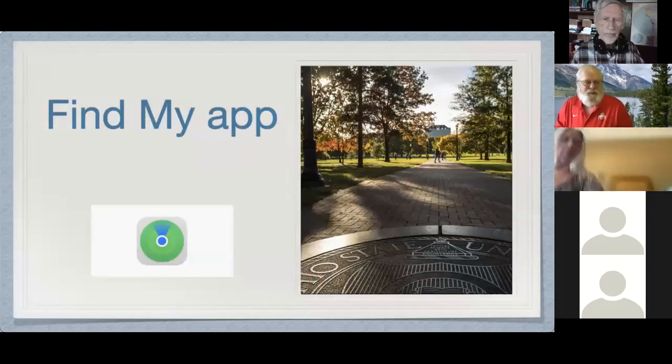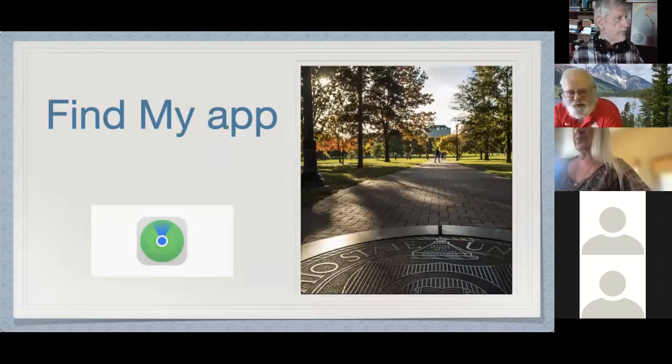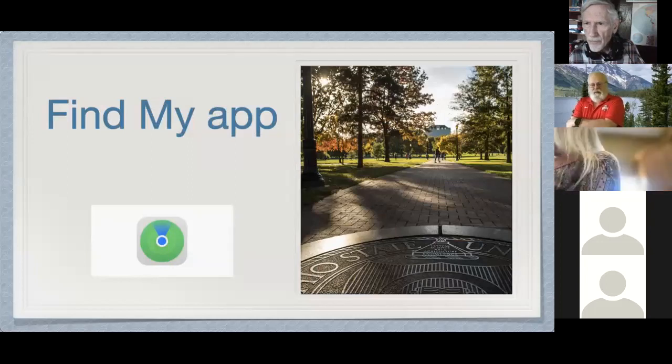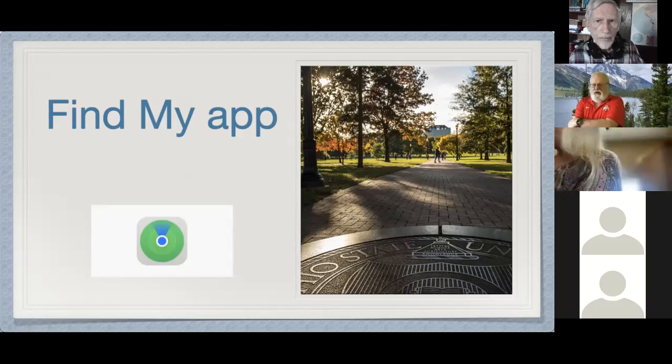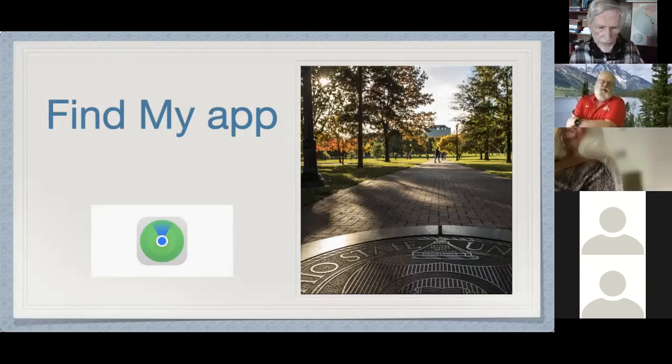So first we'll talk about the Find My app. Find My app was first introduced in 2011 as a separate app, but it was first found on the iPhone with iOS 09, and that was part of the Mobile Me product back in 2010, and it became a free iCloud service in 2011, and that's when the Find My name came around.